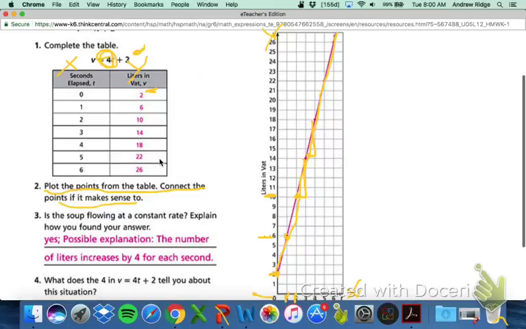The plus 2 is just something that is added on to this particular equation, and it does not change that. It just moves the whole line up 2, right? If that 2 wasn't there, the line would be down here. It'd be the same line all the way up.